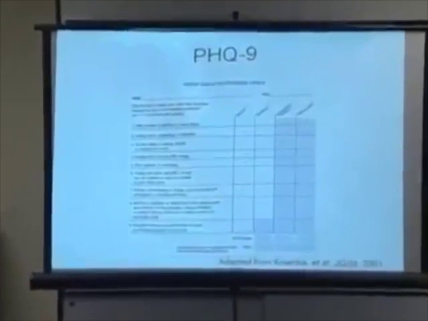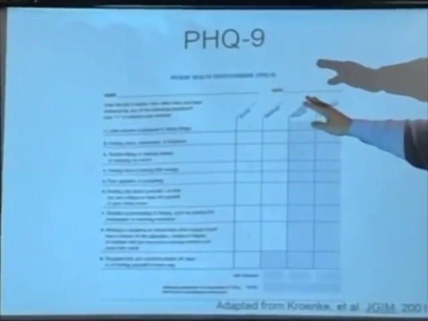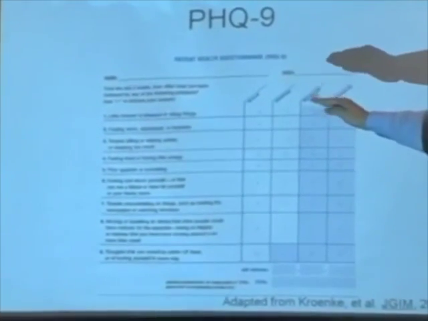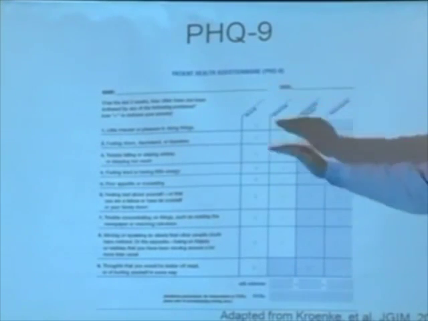Just to briefly go through it, what it asks is, over the last 2 weeks, how often have you been bothered by any of the following problems? And those 9 things that we talked about earlier are actually each on here.